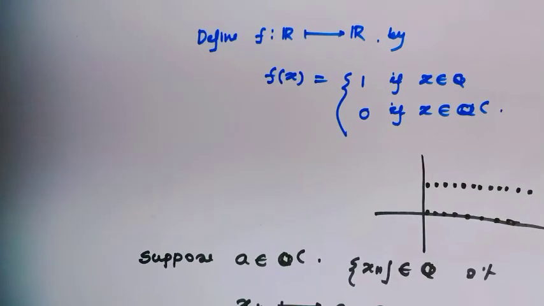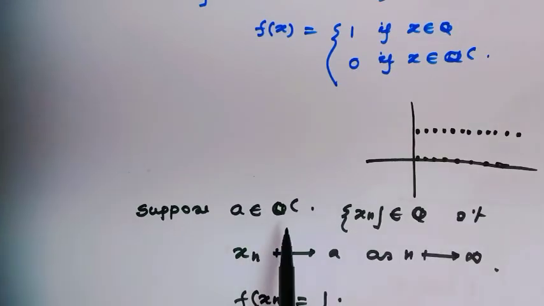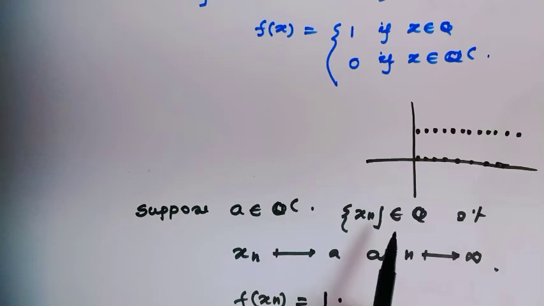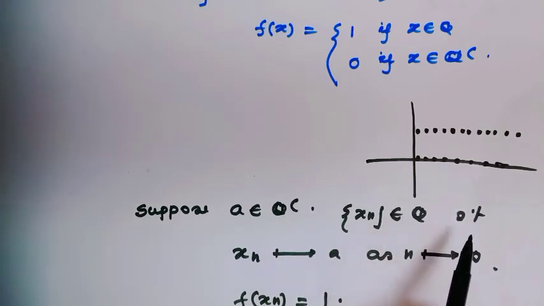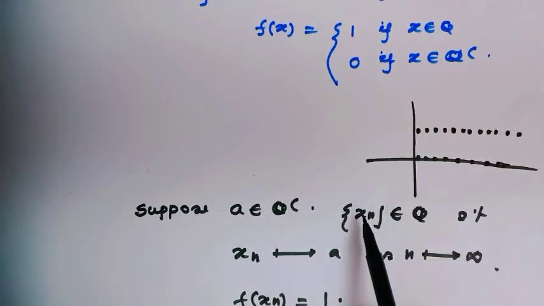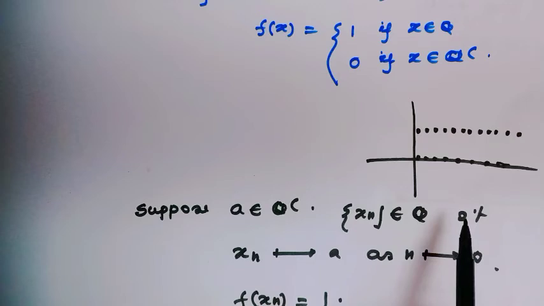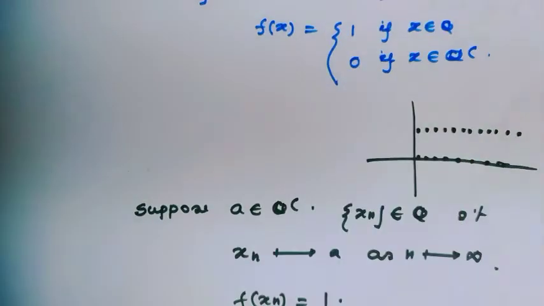Okay? Suppose a belongs to Q complement, and take a sequence of rational numbers such that xn converges to a as n goes to infinity. What would be f of xn? Since xn is the sequence of rational numbers, so f of xn would be 1.